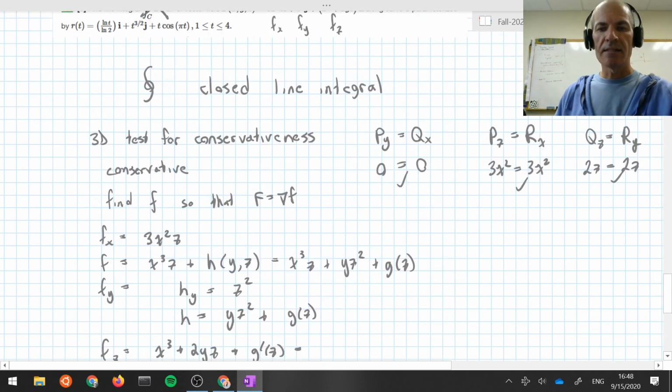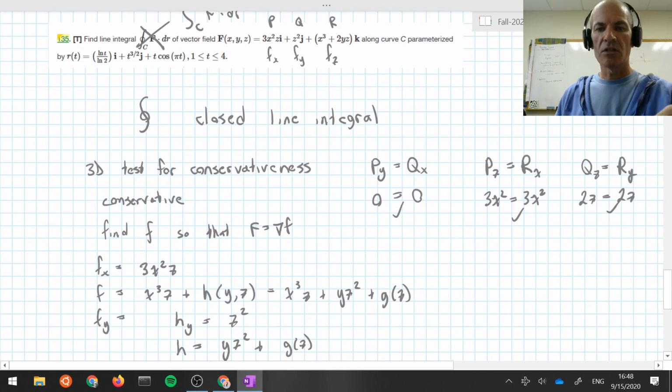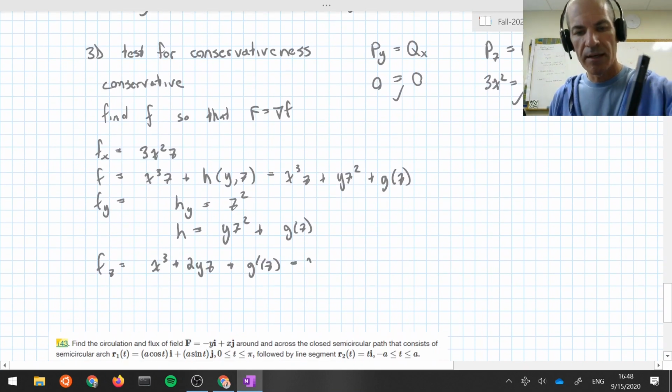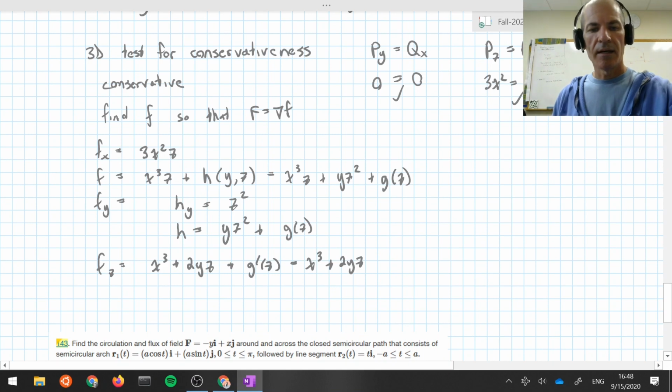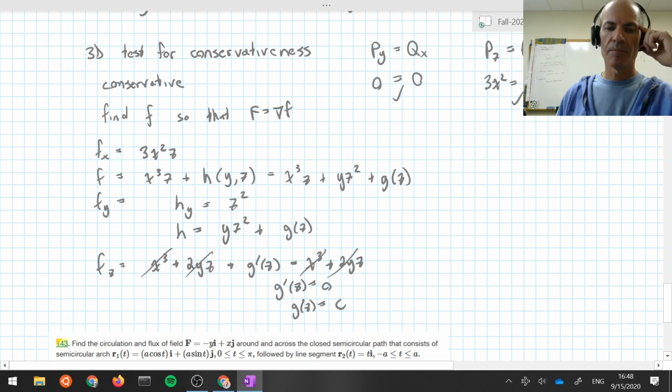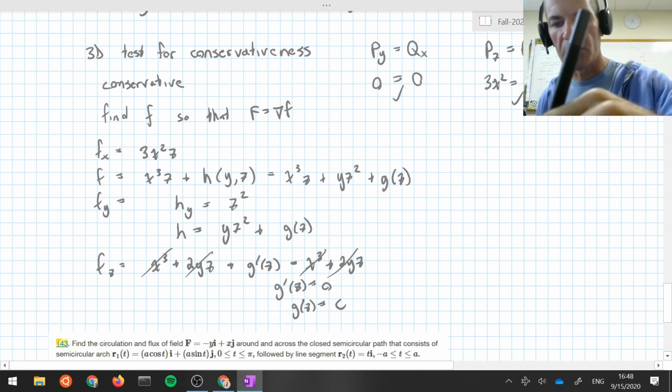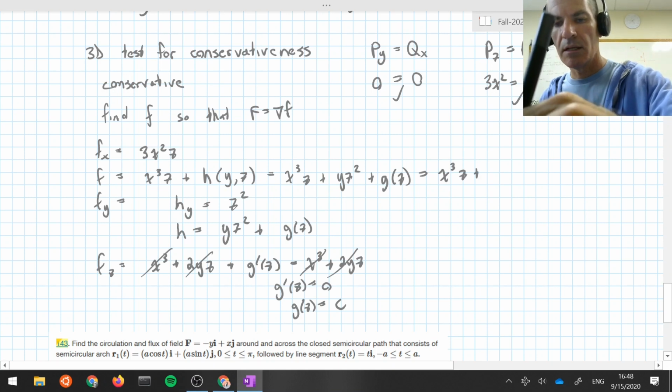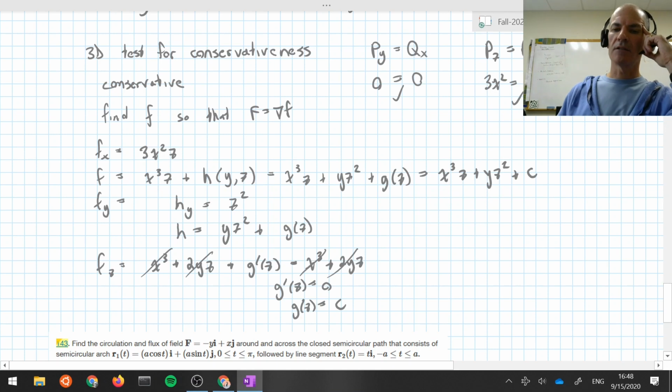And that needs to equal the third component, x cubed plus 2yz. And lots of cancellation happens. And what I find is that g prime of z is equal to 0, or g of z is equal to a constant.